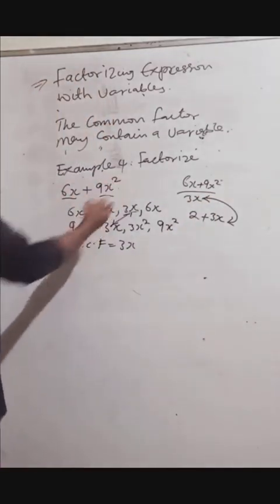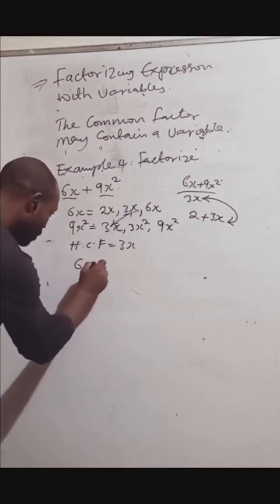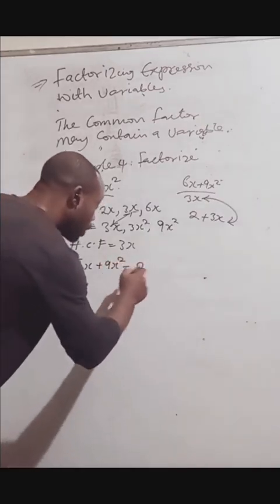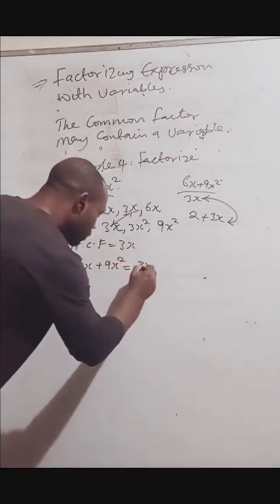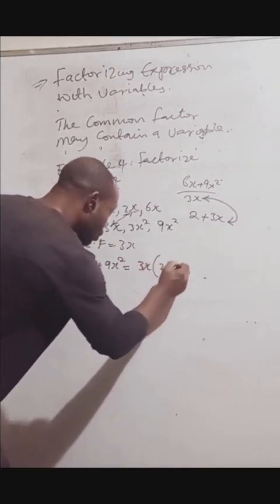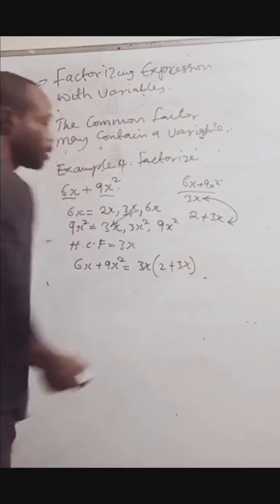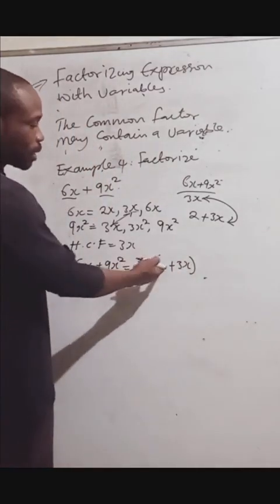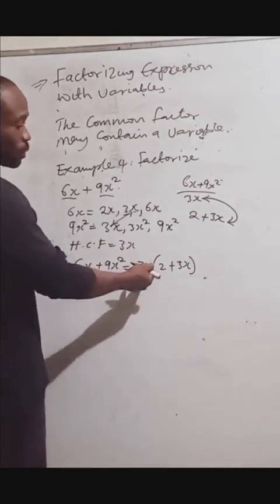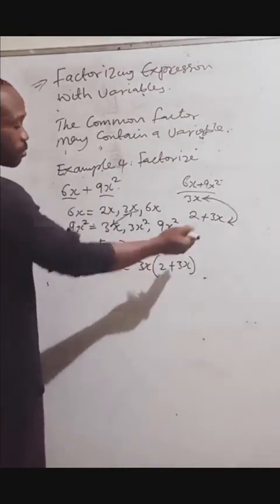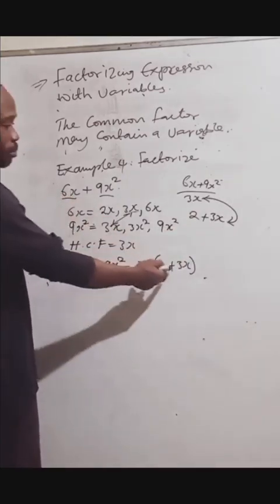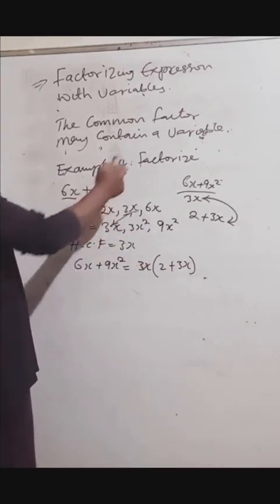So this can be expressed as 6x plus 9x squared is equal to 3x multiplied by 2 plus 3x. Can you see it? 3x multiplied by 2 plus 3x. Now, if you expand this, if you remove the bracket, this is going to give us 6x plus 9x squared.